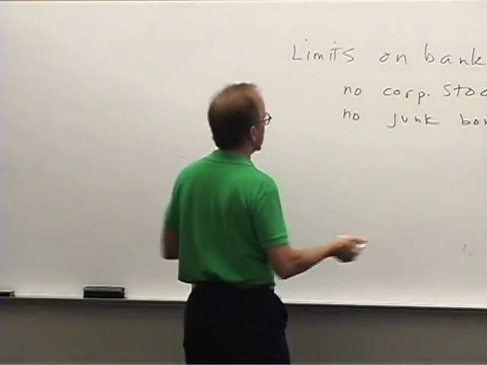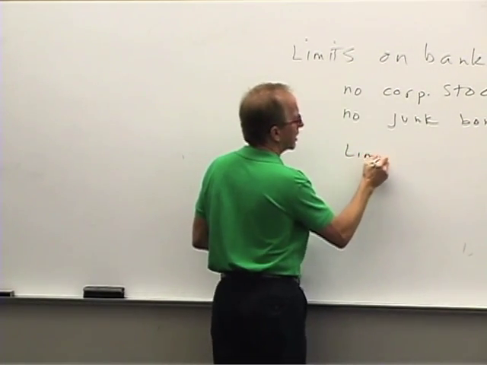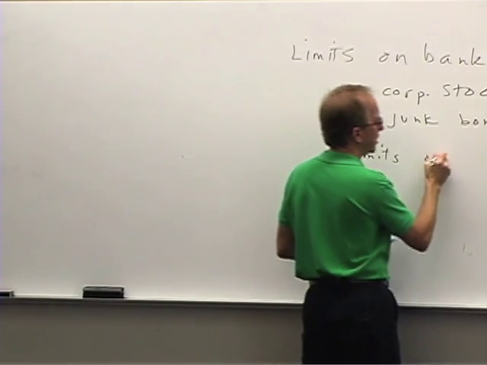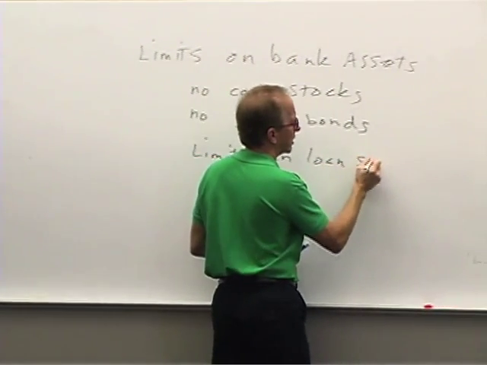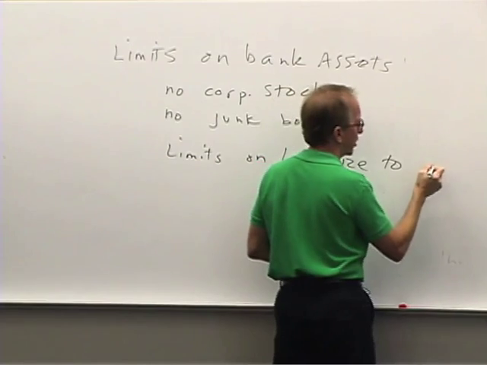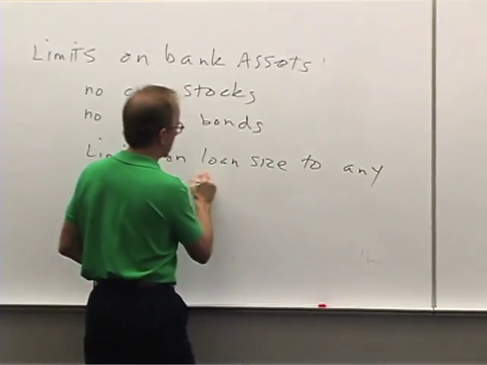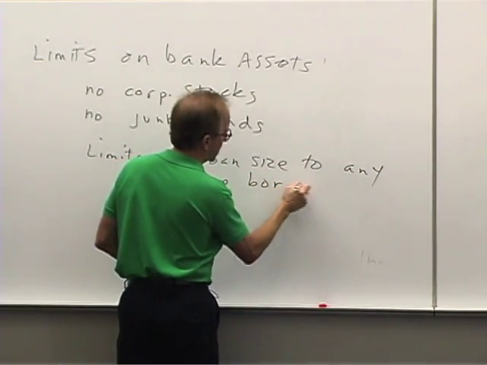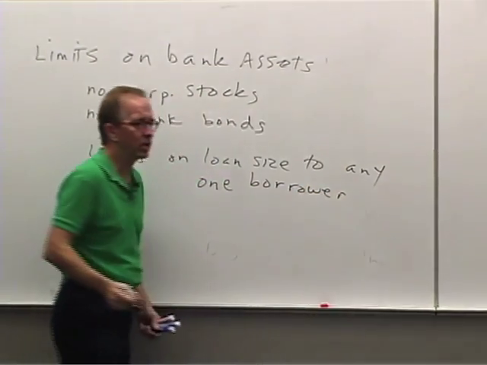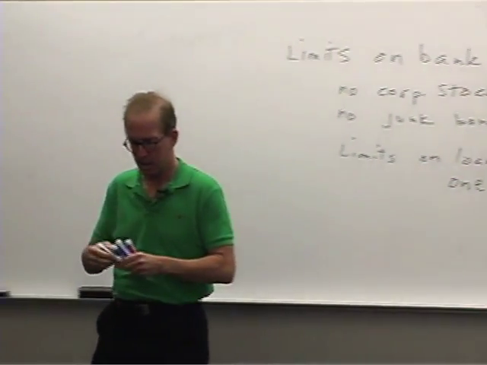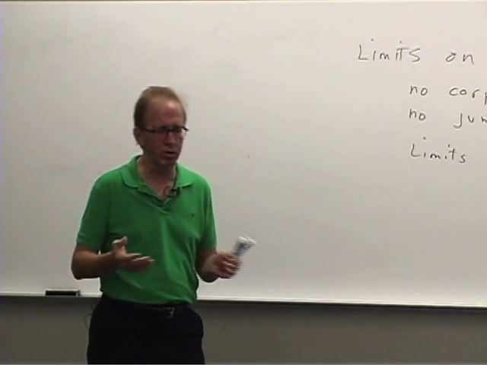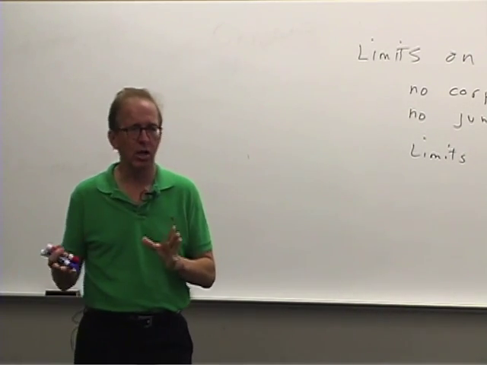There are also limits on the size of the loan to any one borrower. We talked about roughly 2/3, 65% or so of total assets being loans.